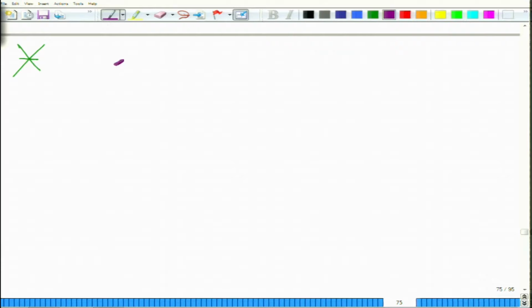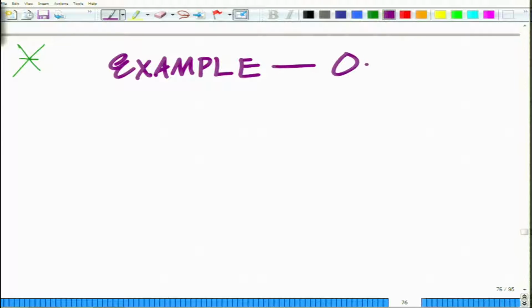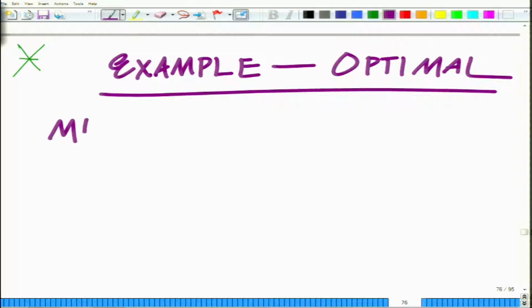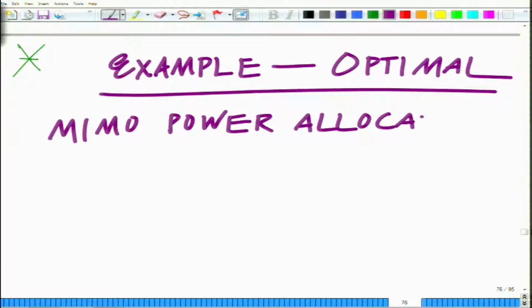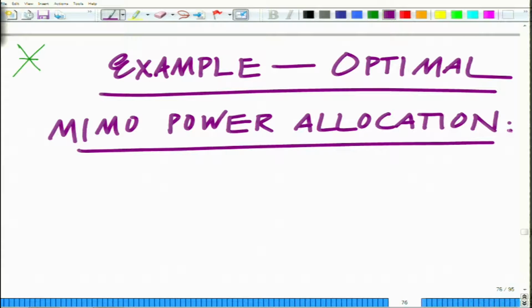So, what we want to do today is look at an example for the optimal MIMO power allocation.